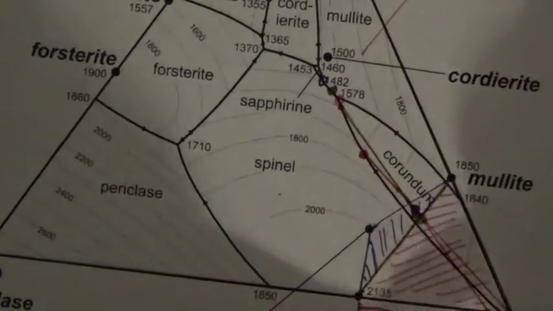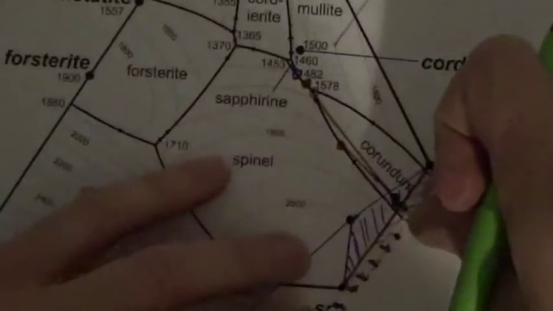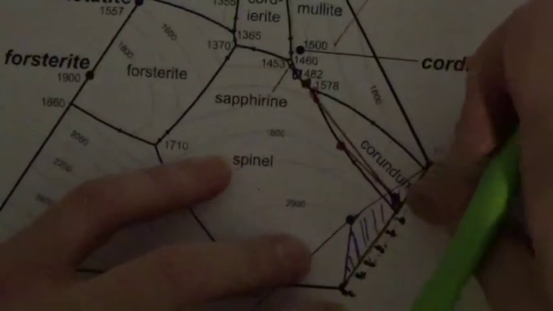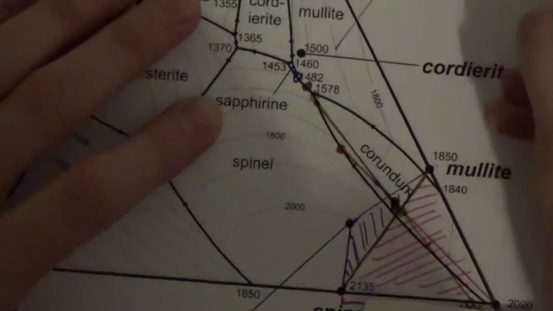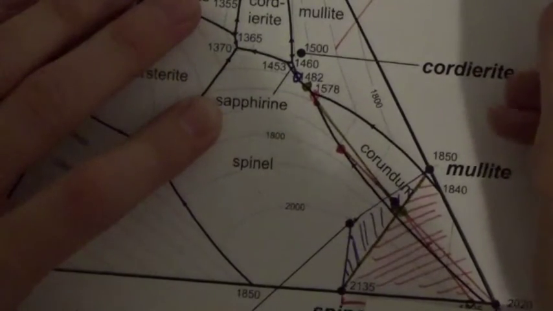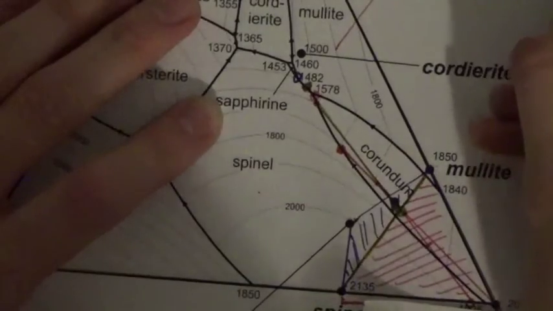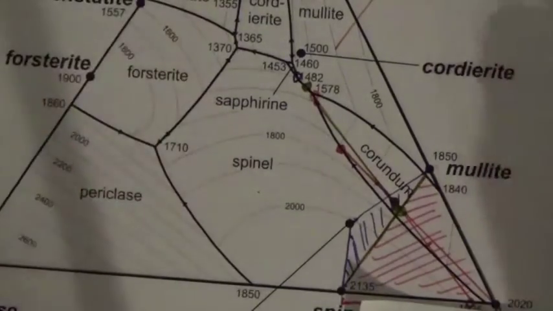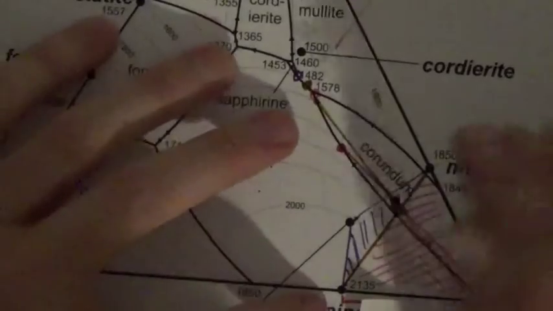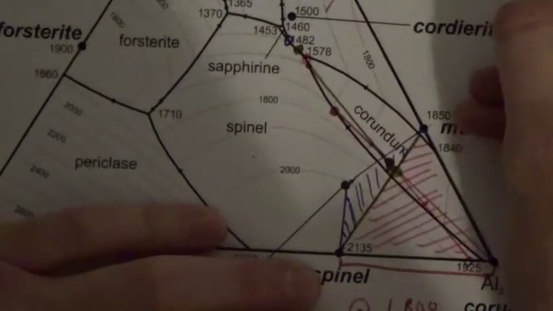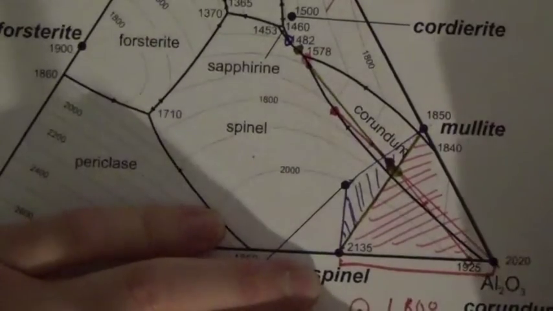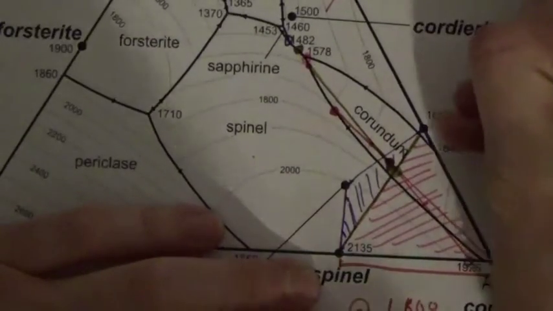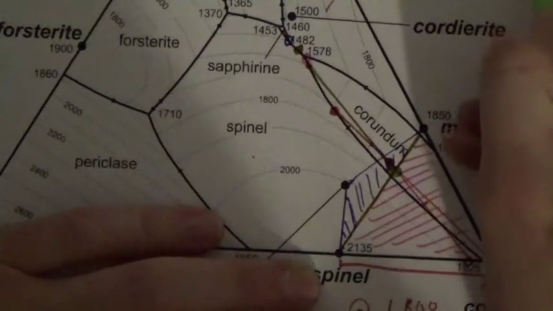The fraction of mullite is that distance, so it's going to be 1, 2, 3, 4, 5, 5.5. Which means that the fraction of spinel is going to be given by 2.5 divided by 8.